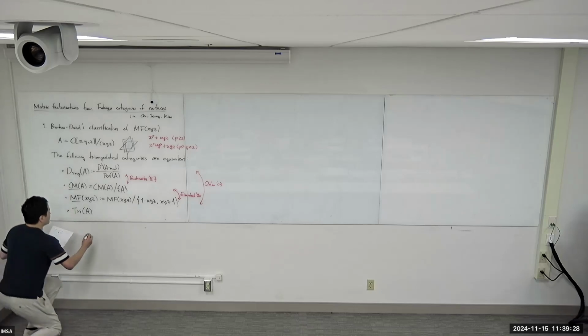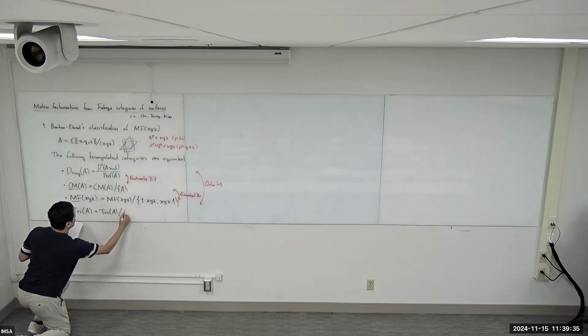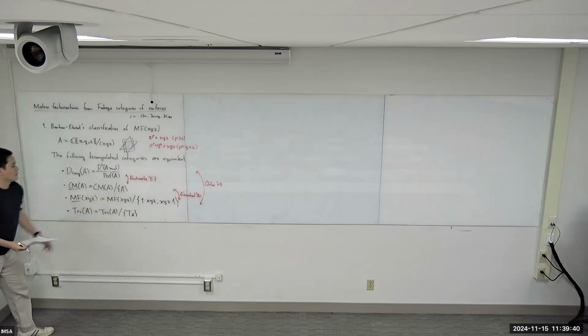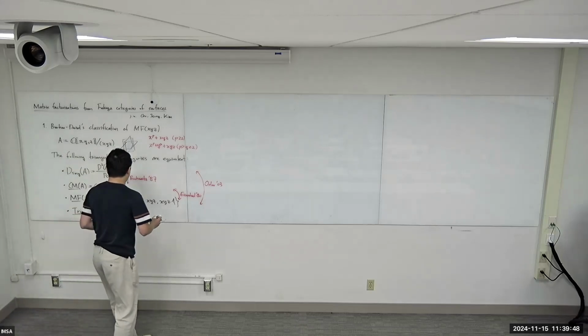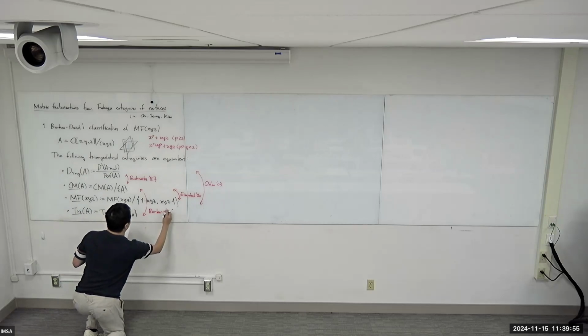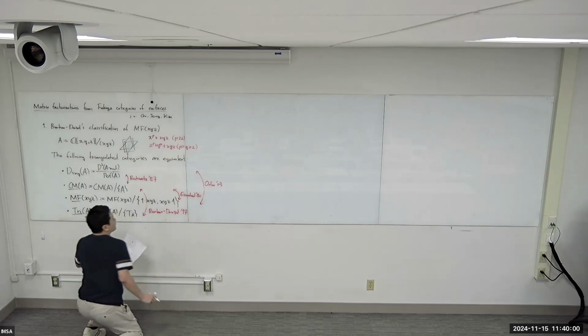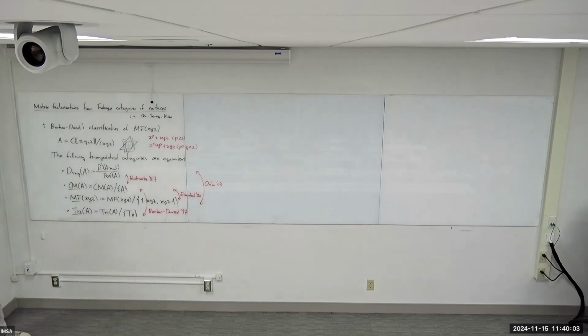But anyway, to make it consistent with the other ones, I omit only one object, T_A, which corresponds to the free module A here. Now we have another equivalence, by Burban-Drozd.